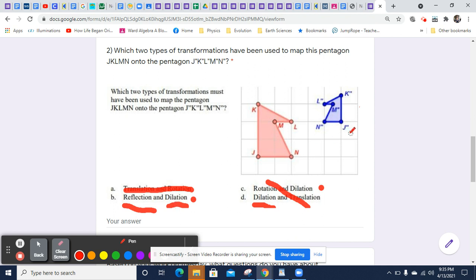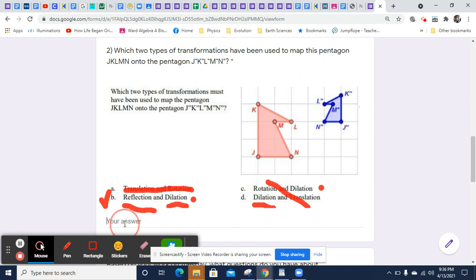And then the dilation did look like it was plausible. It was just I wasn't confident with my line drawing tool. I think that in class, when I'm doing it, I'll have a better line drawing tool that I can use, and I'll be able to test this out more clearly. But I'm going to go with B on the grounds that it has a reflection and none of the others do.